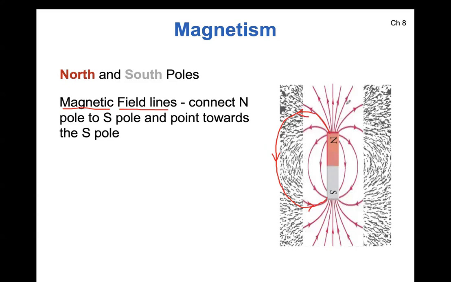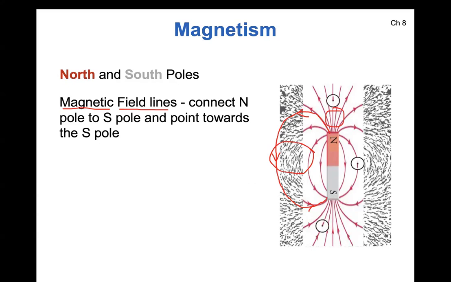They've removed the iron from the picture and just drawn in the field lines like I did. So you can see all these different field lines connecting the North Pole to the South Pole. And again, where the field lines are more closely packed together, that's stronger field, and where they're more widely distributed would be weaker. So I just circled a region of strong and a region of weak field.